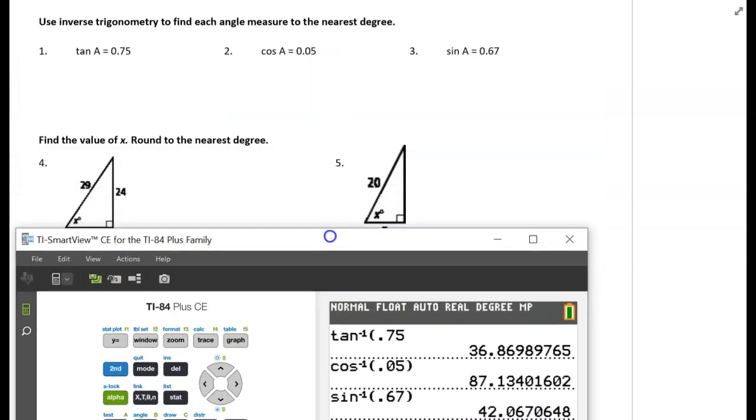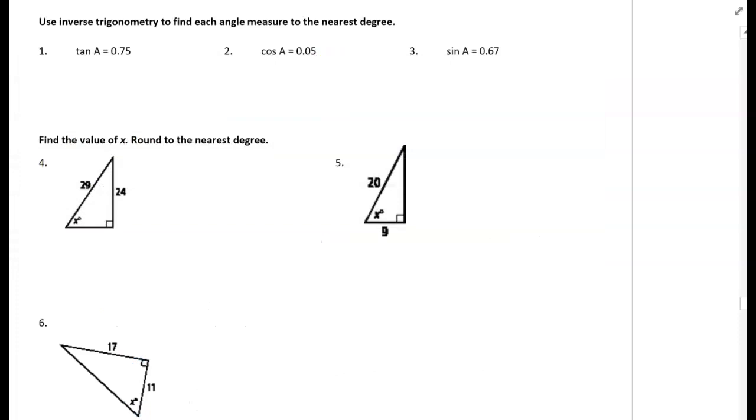So before I write that down on your paper, if we read the directions, use inverse trigonometry to find the angle measured to the nearest degree. So for problem number 1, what we typed in our calculator was tangent inverse of 0.75. What we typed in for problem number 2 was cosine inverse of 0.05.